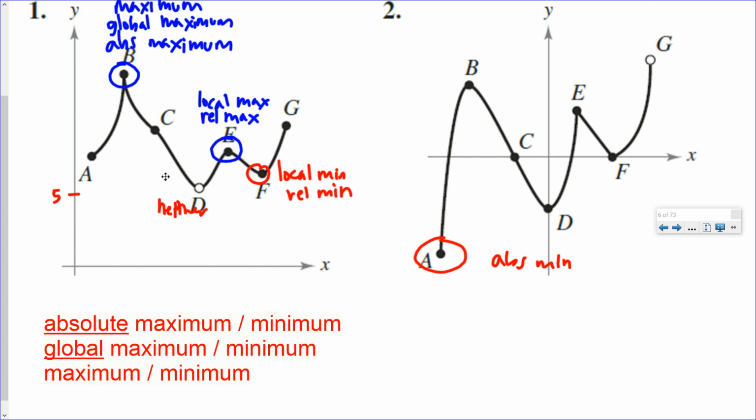Okay, look at your number 1. Go ahead and fill in all the blanks for your number 1. See if you could do it. Look at your number 1, and then as soon as you fill it in, we'll go over it together. This is on your homework.